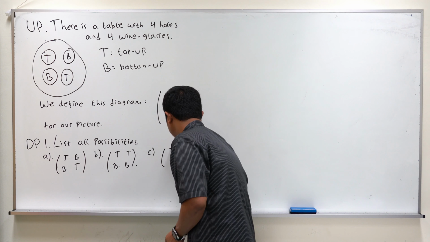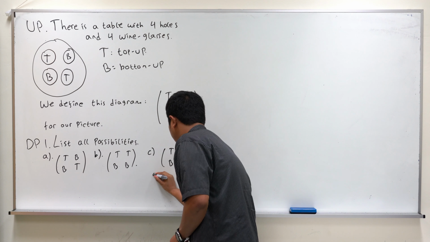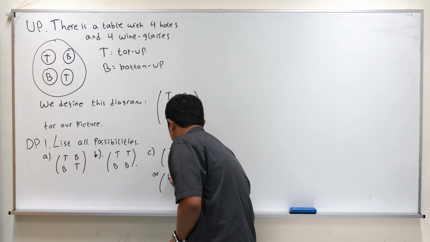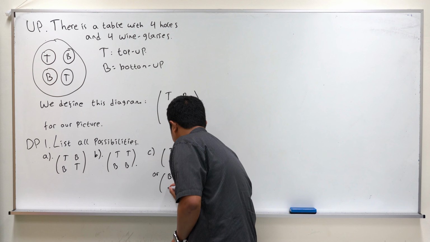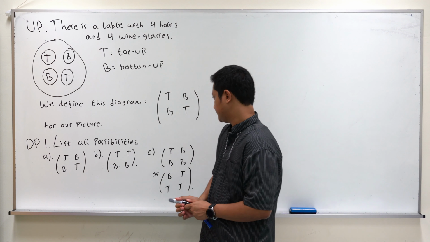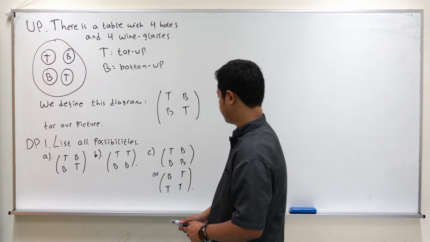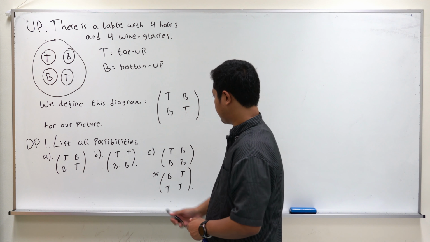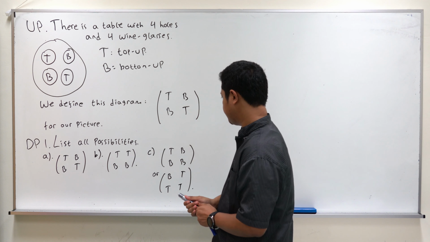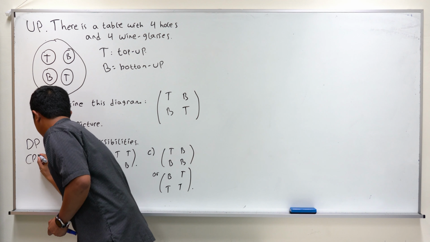So for example, I have T, B, B, B, or I have B, T, T, T. Yeah, that's possible. Okay. We have a list of possibilities. So this one should be carrying out plan 1.